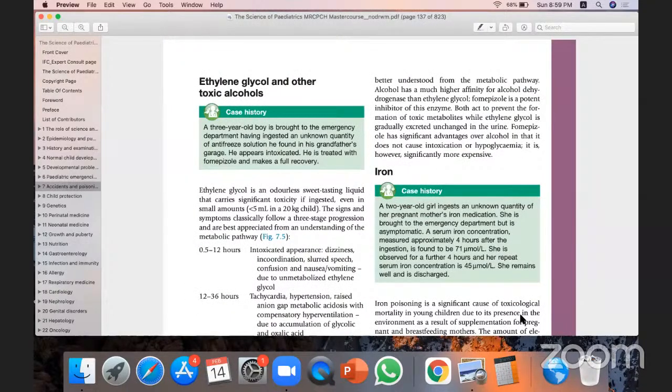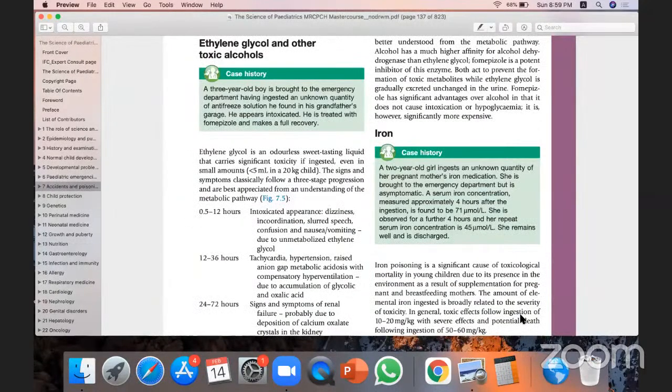Now, ethylene glycol and other poisonings are very rare, but you have to know the signs and symptoms. Ethylene glycol or alcohol poisoning is of course important. So this 3-year-old boy is intoxicated, treated with fomepizole. This is also a treatment, an antidote. Now, ethylene glycol is an odorless, sweet tasting liquid.